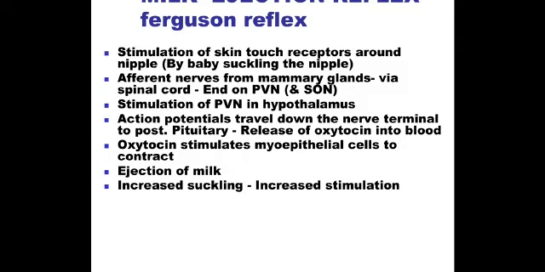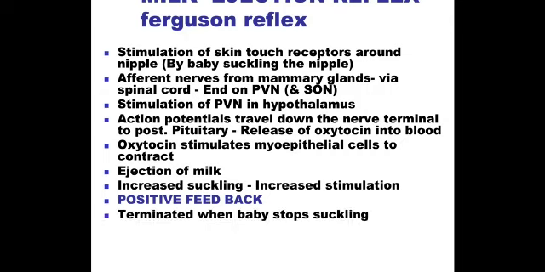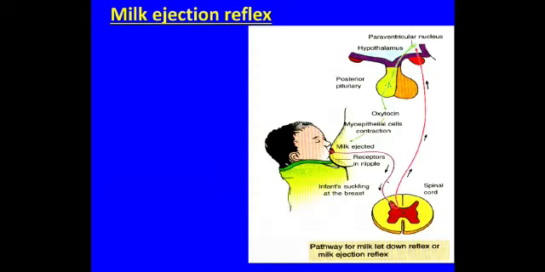The more the suckling, the more the stimulus, and the more the release of oxytocin. This reflex is terminated whenever the baby stops suckling. And this is how the milk ejection reflex is initiated.